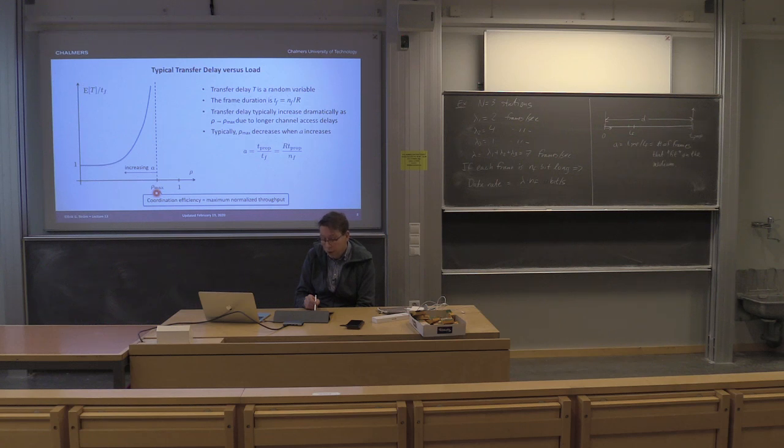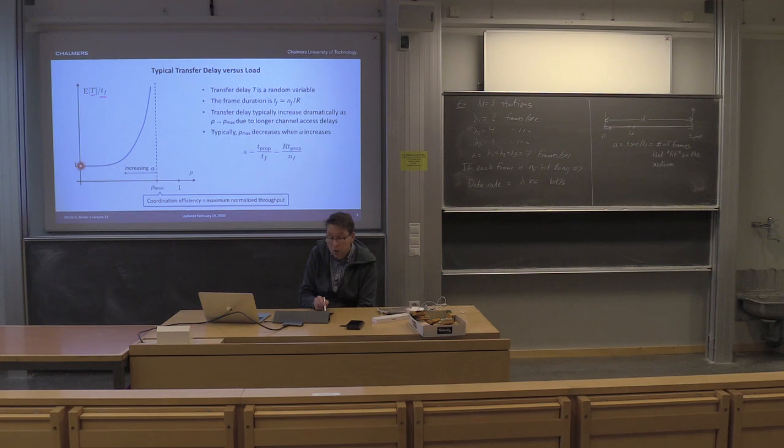But if we push the system to its limit, close to its maximum throughput, then if we look at the delay, remember that the transfer delay is a random variable. If we take the average of this and then normalize it, say, with the frame duration, then at very low loads the only delay we have is due to the time it takes to transmit the frame, which is TF seconds.